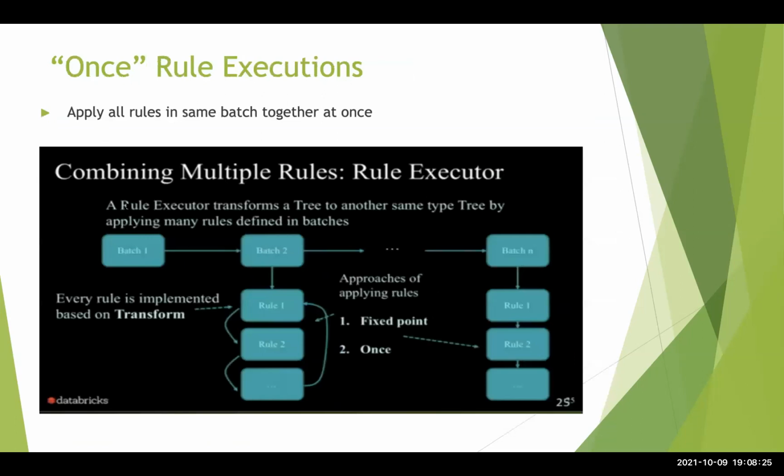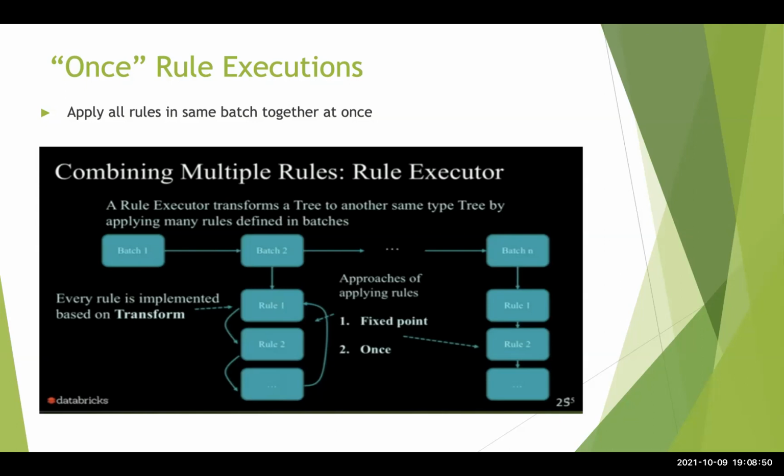So a rule execution transforms a tree into another tree. Every rule is implemented based on the transform, right? When you implement the rule in your transform method, you can tell it to apply the rule only once and not repeat. That is also possible.